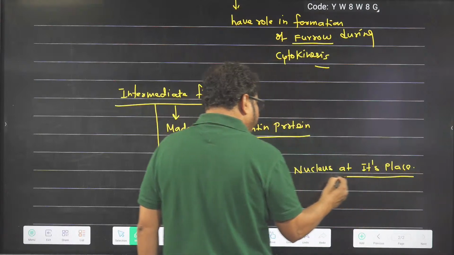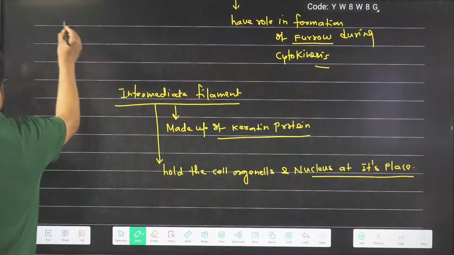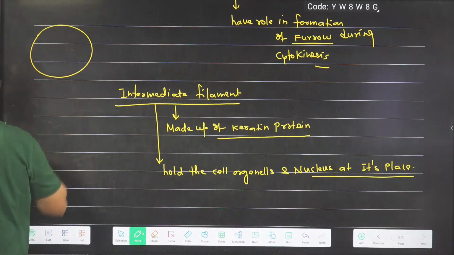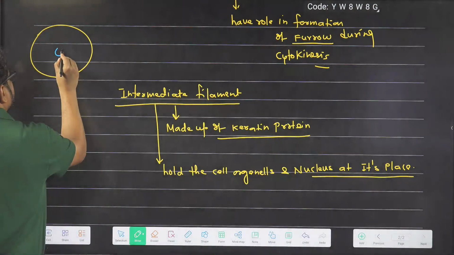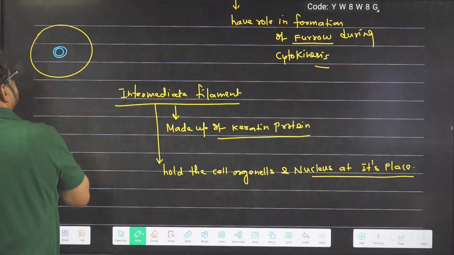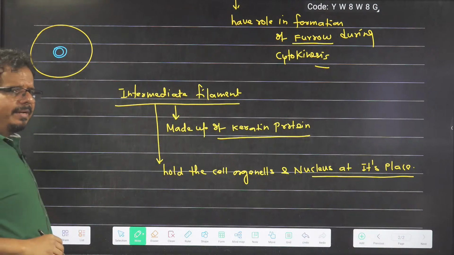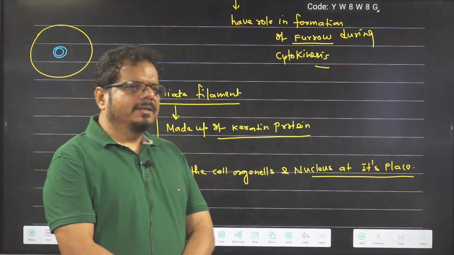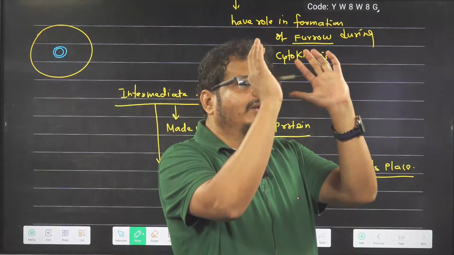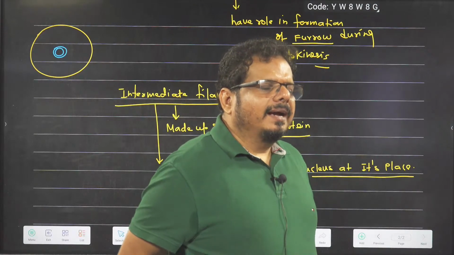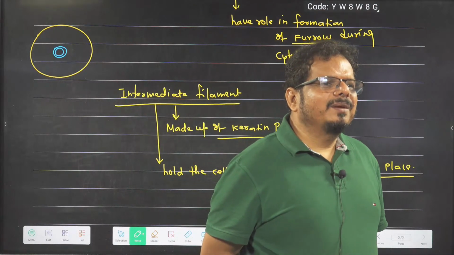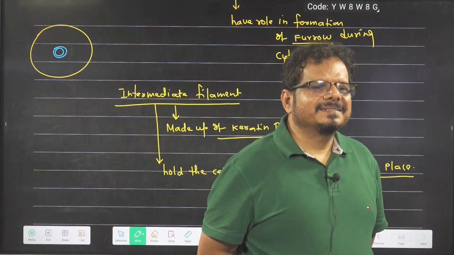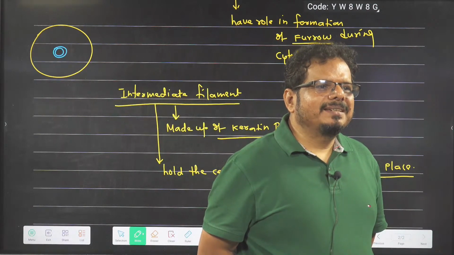I am telling you an interesting thing. Just try to understand, this is a cell, and in the cell, this is the nucleus. You are not surprised when you observe a 2D model. You think the cell is a ball-like structure, and inside the ball there is a small ball, the nucleus, present in the center.